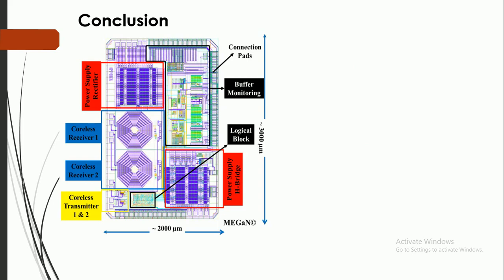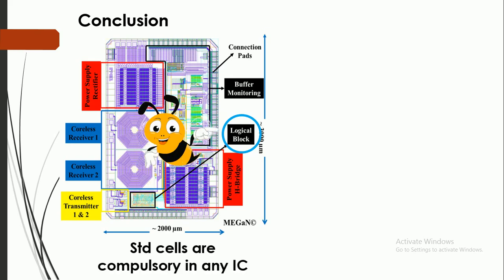If I take a top level overview of any IC, this is one of the ICs where we can see our logic block. Normally in any IC, standard cells are used as logical blocks, in order to drive buffers or to get some logical implementation.